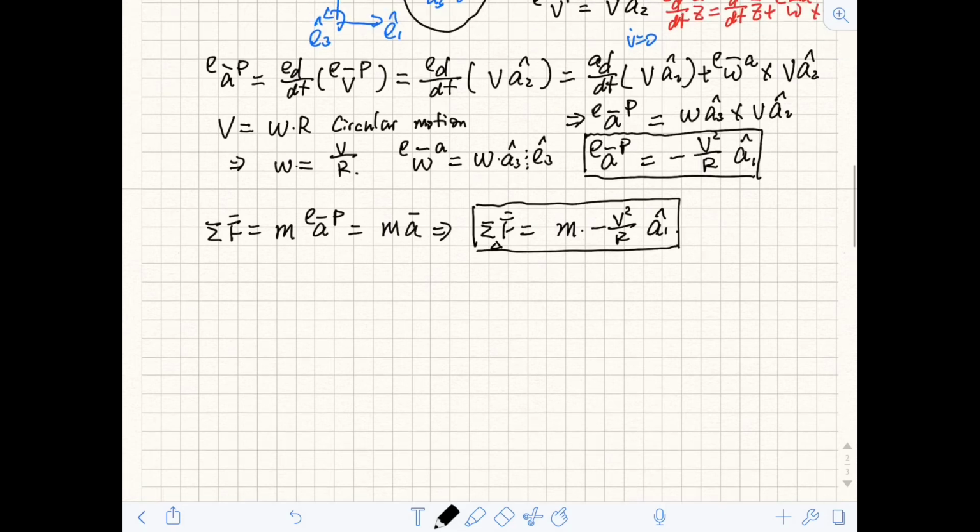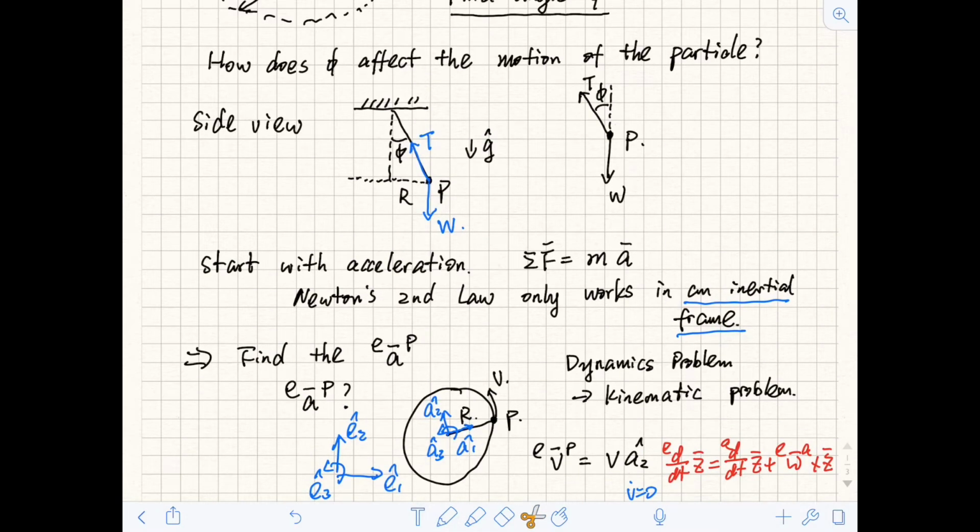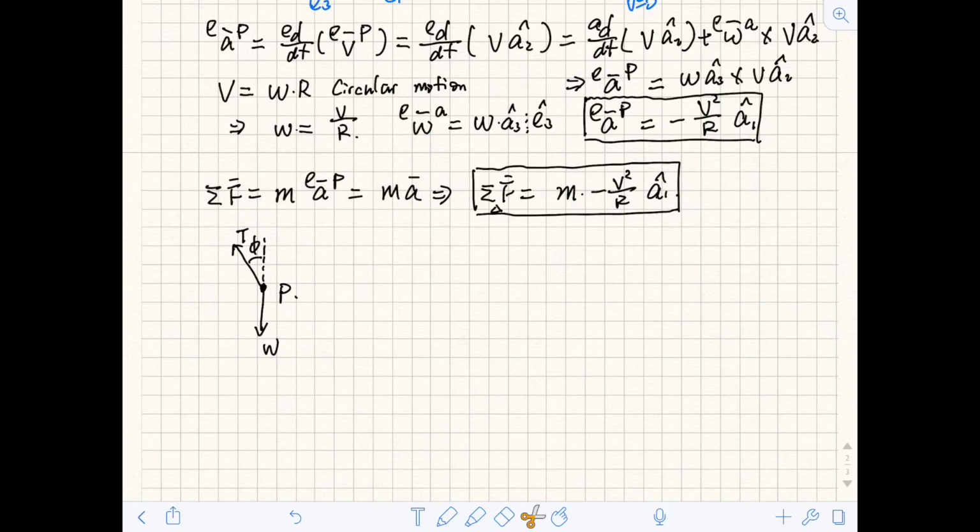We know from the earlier free body diagram that the sum of the forces is equal to W bar plus T bar.